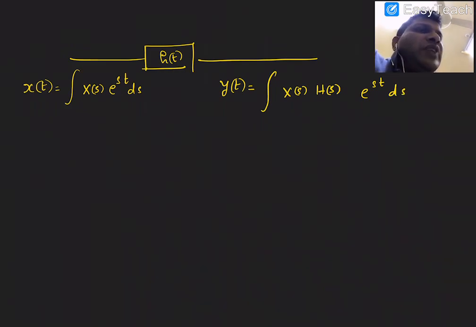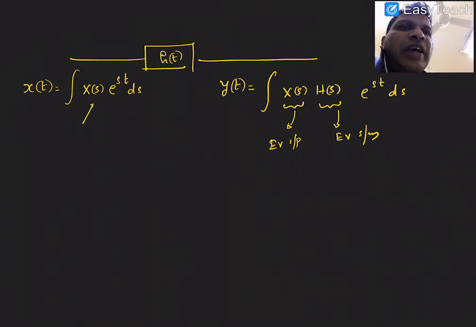Now you can see here, this is the eigenvalue of the input signal, and this is the eigenvalue of the system. So this is the eigenvalue of the input, and the system has the eigenvalue h of s.